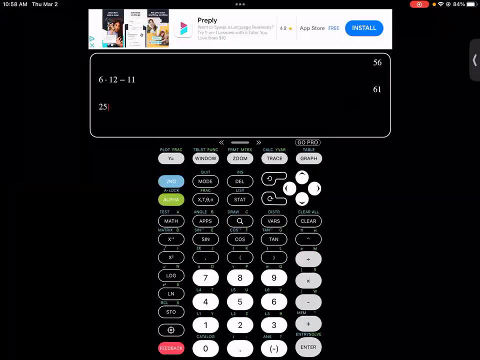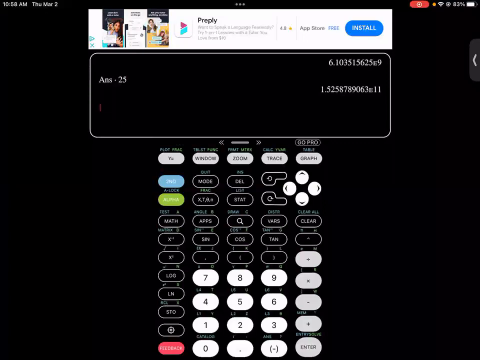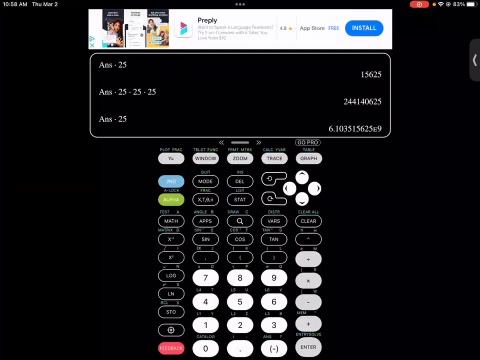If I take 25 squared times 25 times 25 times, and I just keep making these numbers bigger and bigger, do you notice how all of a sudden I have a decimal with this like E11? It goes from this number, and then I multiplied by 25, and it was like, what? Now 6.1, blah, blah.